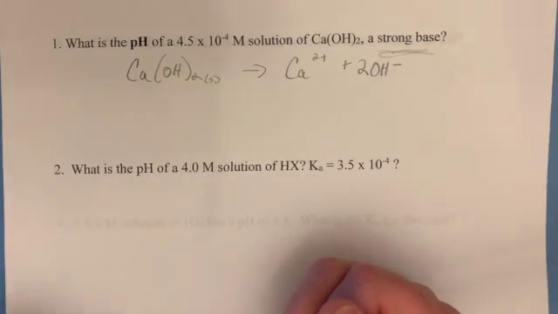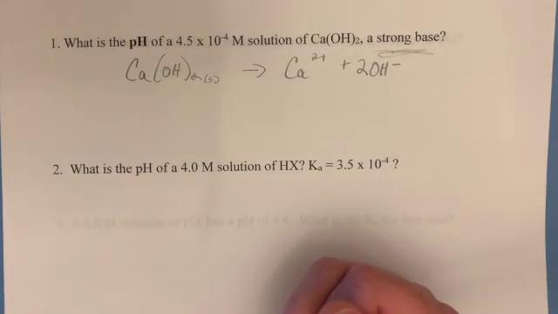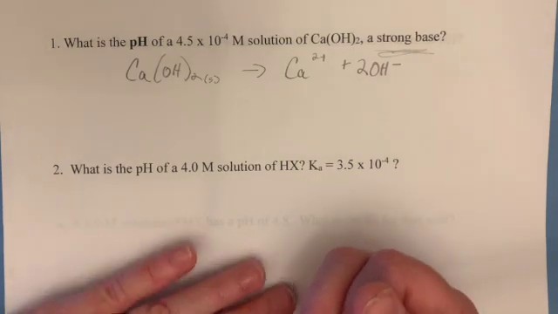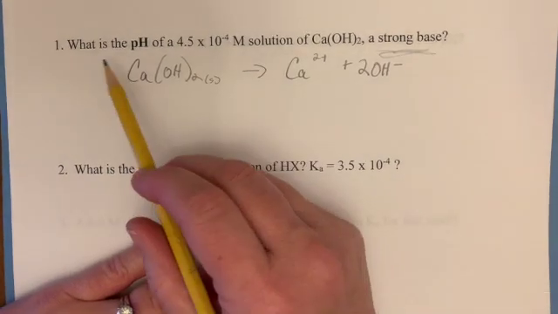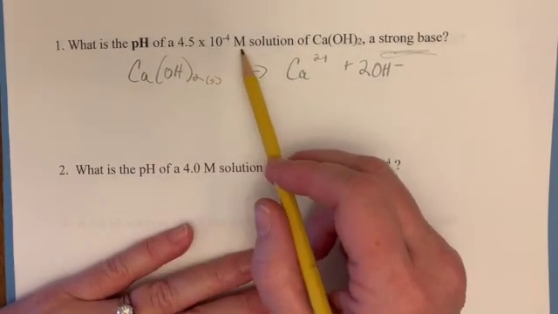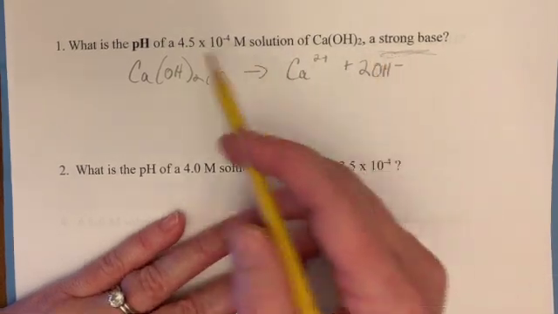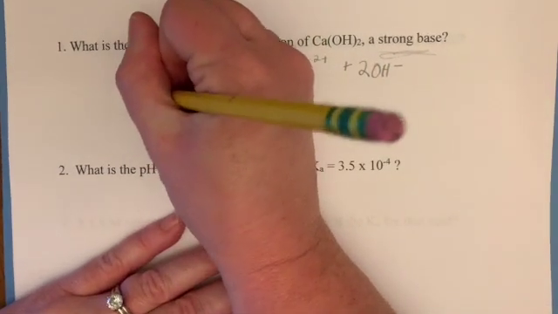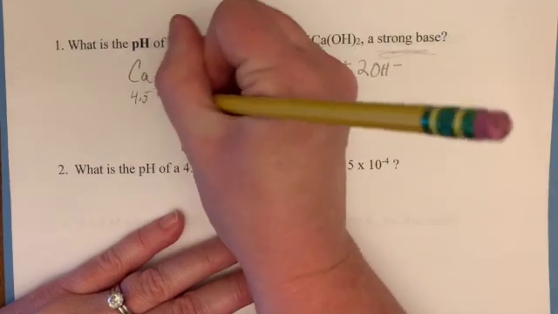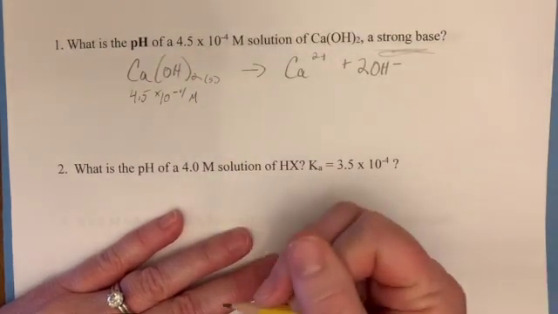So as you do this problem, a couple different things going on. What is the pH of a 4.5 times 10 to the negative 4th molar solution of calcium hydroxide?